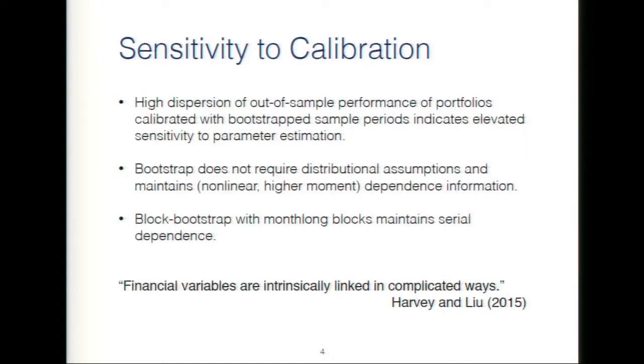And because they're linked in complicated ways, we don't want to make any distributional assumptions, and we want to maintain their dependence information, including nonlinear and higher order moment dependence. Also, we're going to use a block bootstrap with month-long blocks in order to maintain serial correlation.